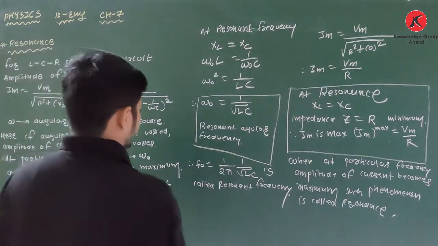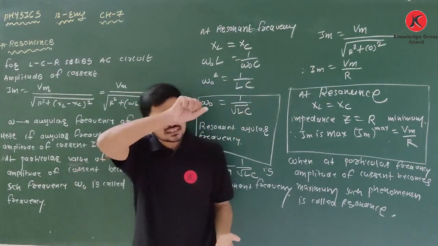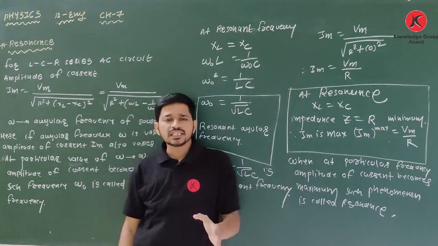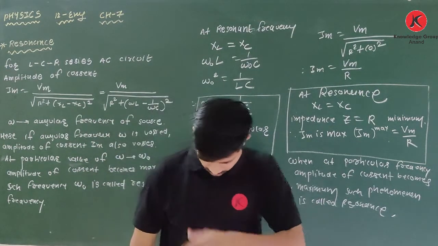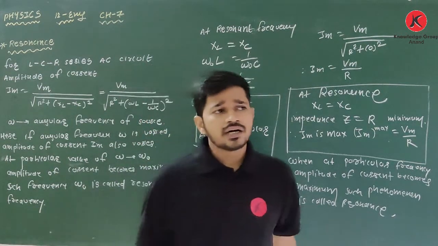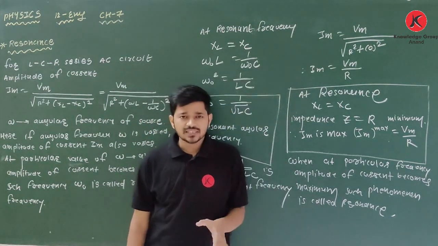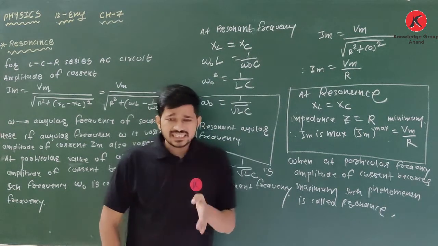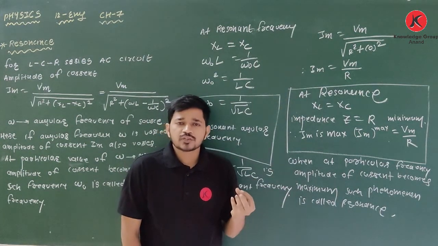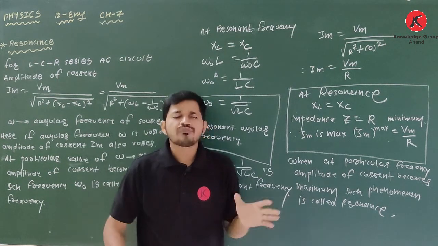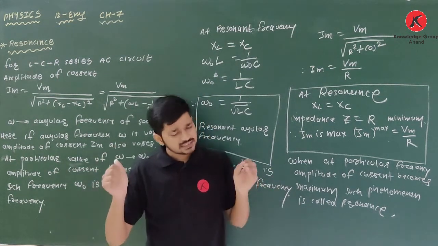Now, where is this resonance circuit used? See, this resonance circuit is used in tuning circuit, that is used in radios and TV. How? See, the antenna receives electromagnetic waves, meaning signals, from many broadcasting systems.